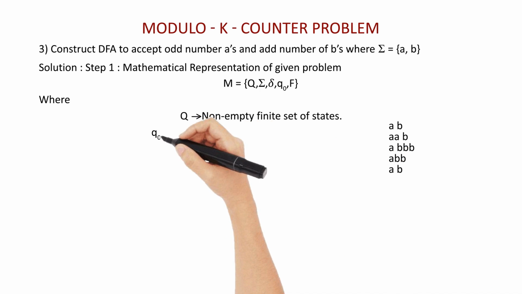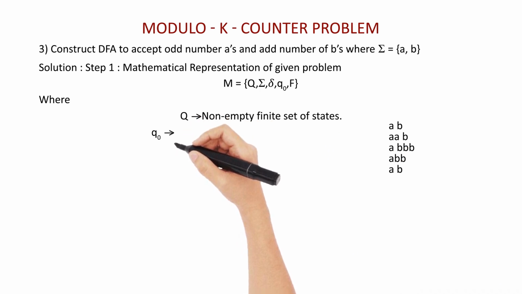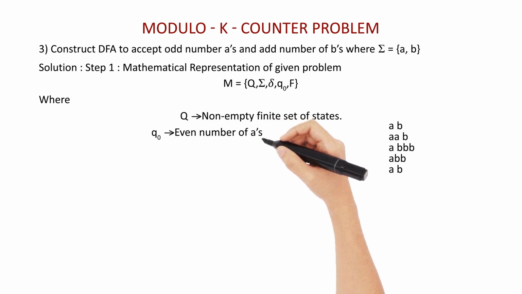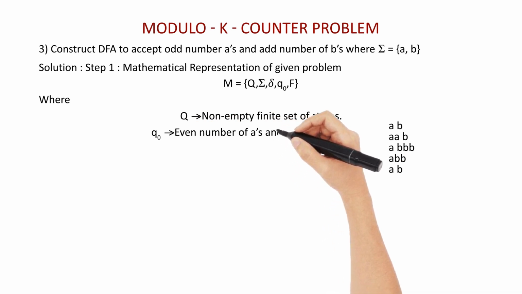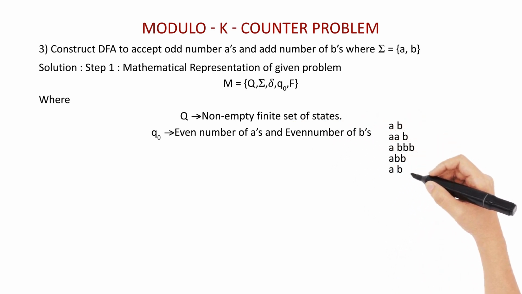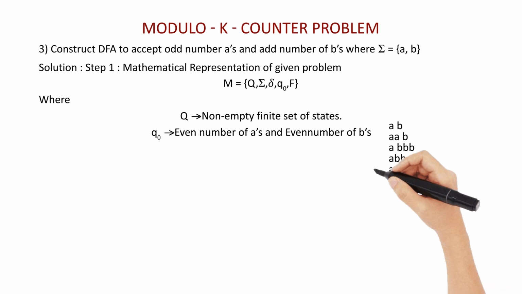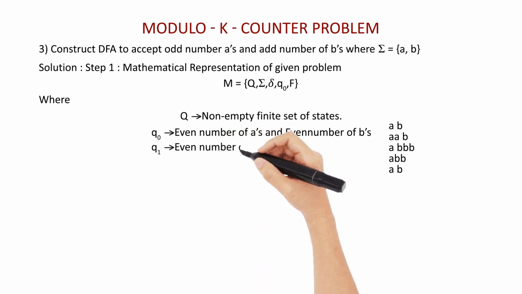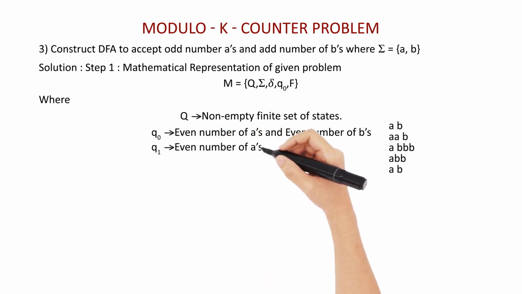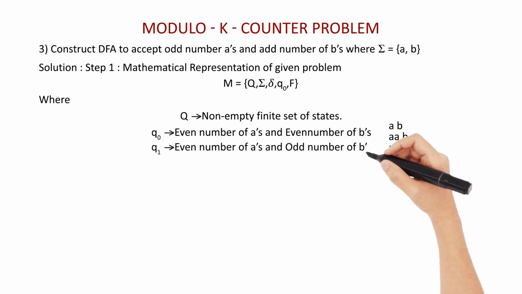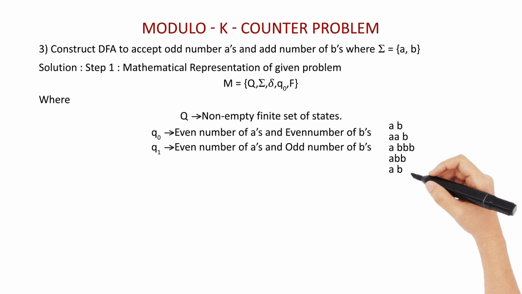So Q naught, which is representing even number of A's and even number of B's. Okay, and next state I will take it as Q1, which is representing even number of A's and odd number of B's.